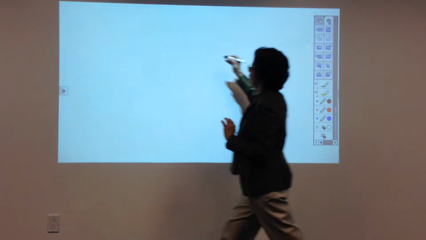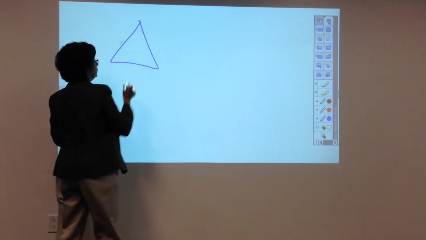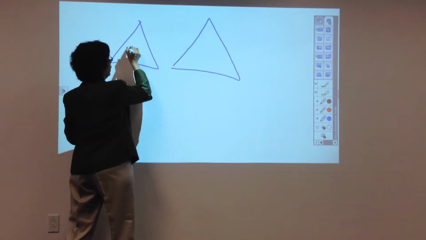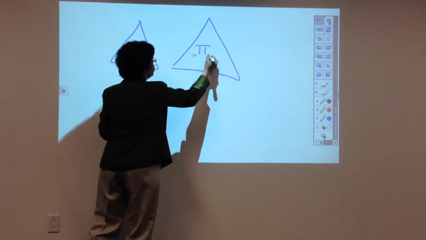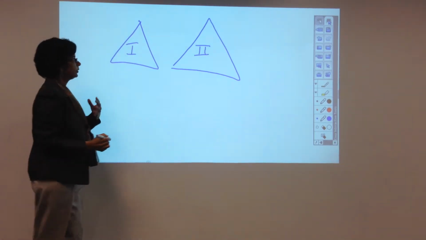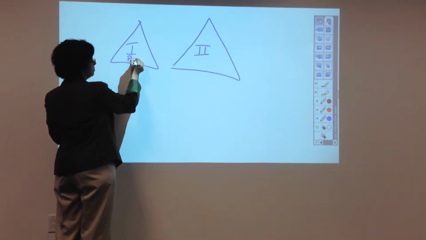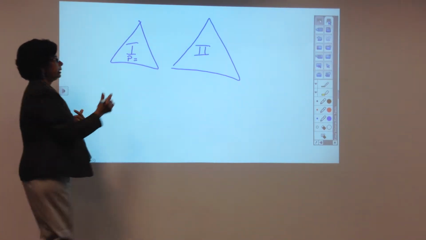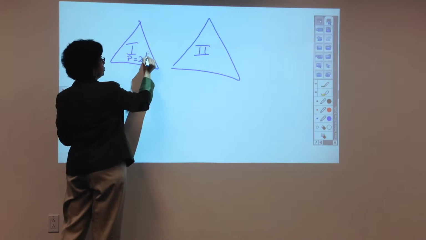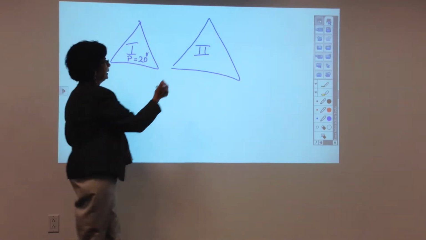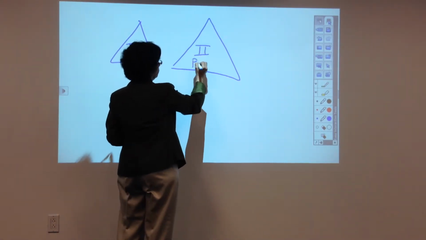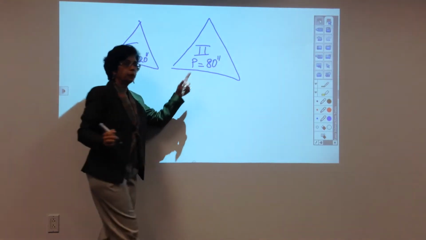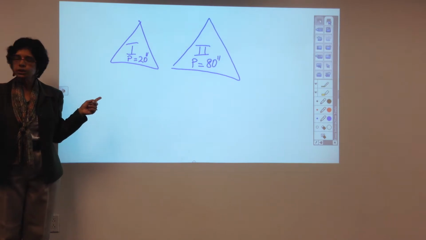Which means that if I have, again, triangle 1 and triangle 2, and you're given that the perimeter of triangle 1 is, make up a perimeter, 20 inches. And this one seems bigger, so we'll say the perimeter of this one is 80 inches.